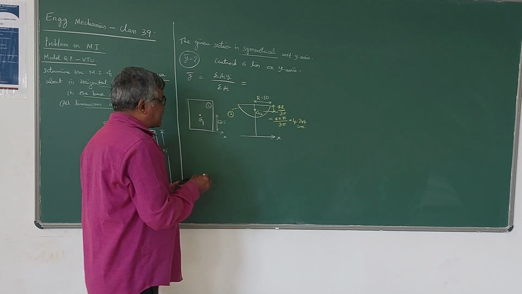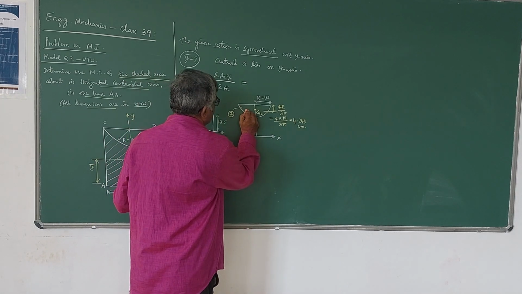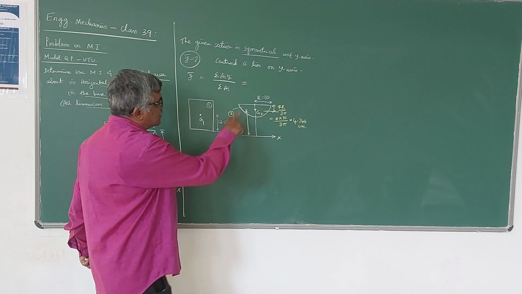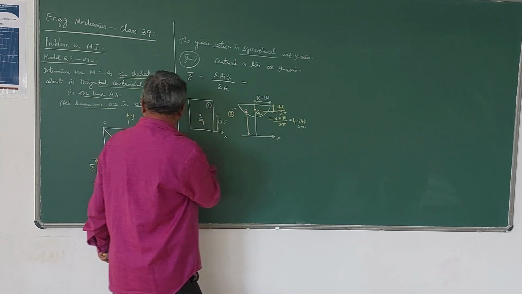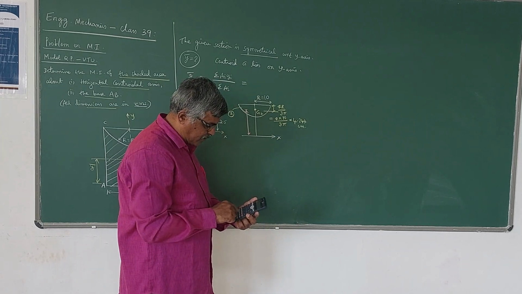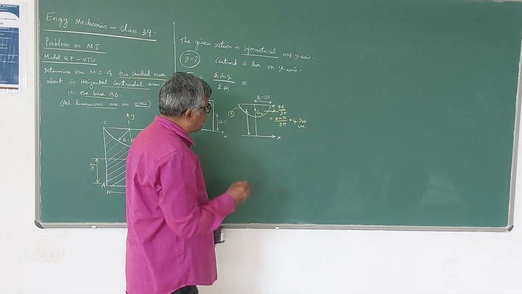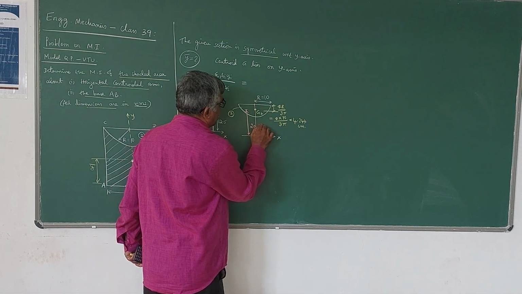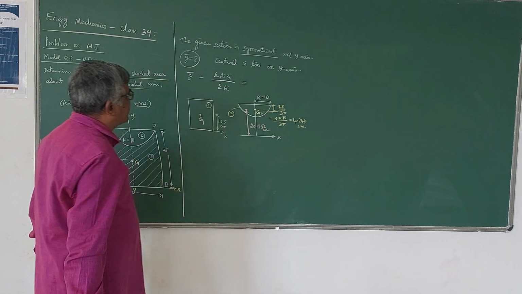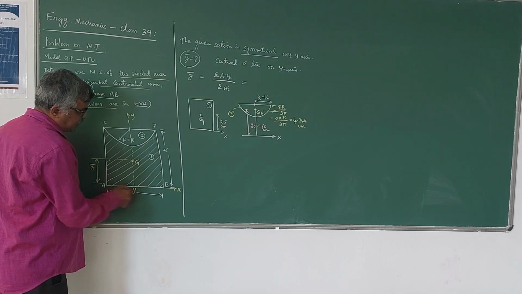Now the distance from the x-axis to this G2, the centroid of the semicircle in the composite section, is the total 25 minus 4.244, which comes out to be 20.756 centimeters. So these are the distances of the centroids of the semicircle and the rectangle portion from the x-axis.